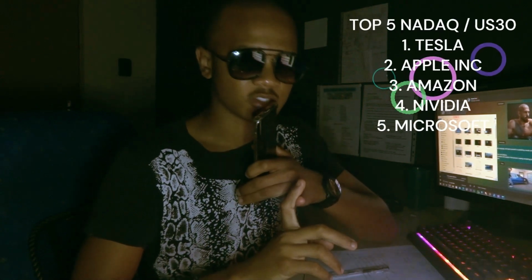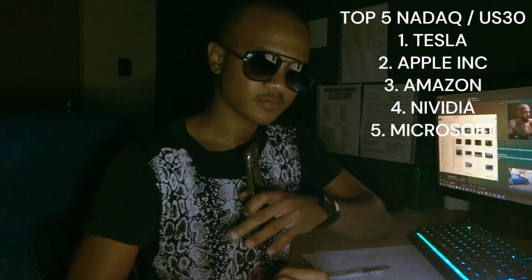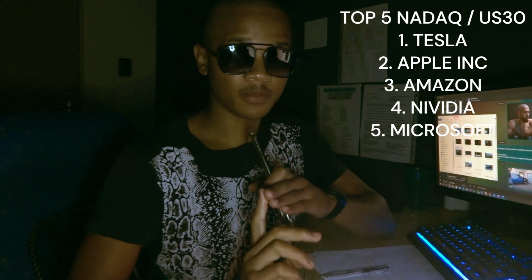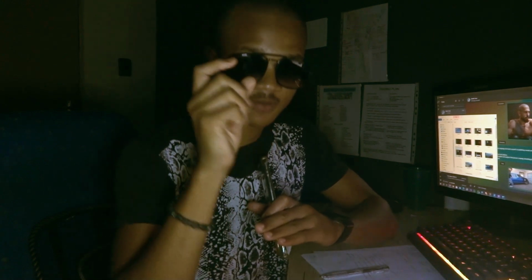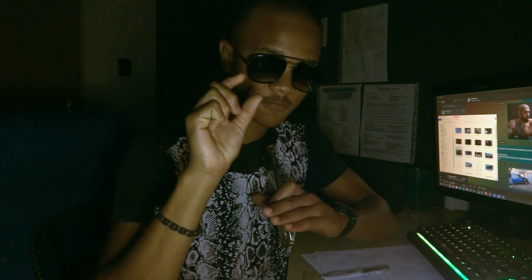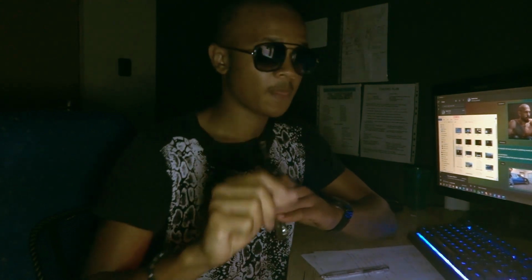The main companies you have to look at are Tesla, Apple, Nvidia, which is a chip manufacturing company that makes chips for computers, and other companies such as Amazon and all those companies combined. You can analyze what's happening in those companies, right?